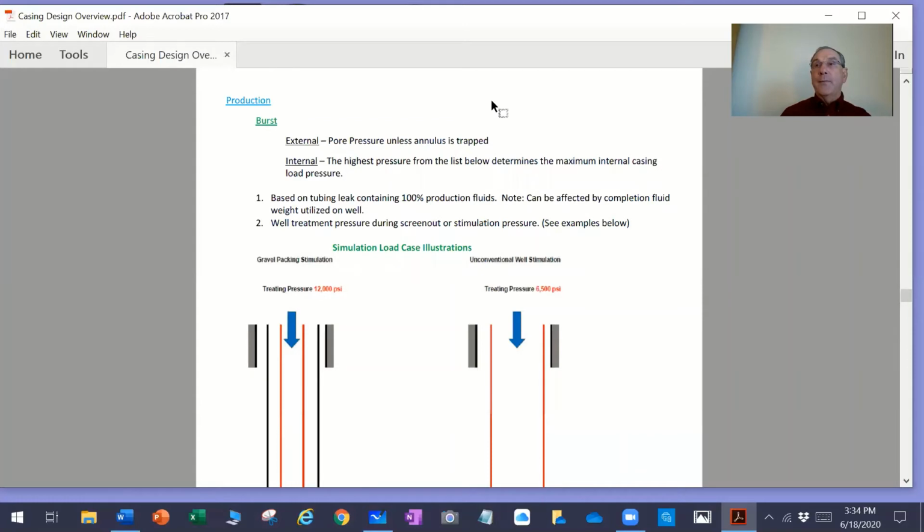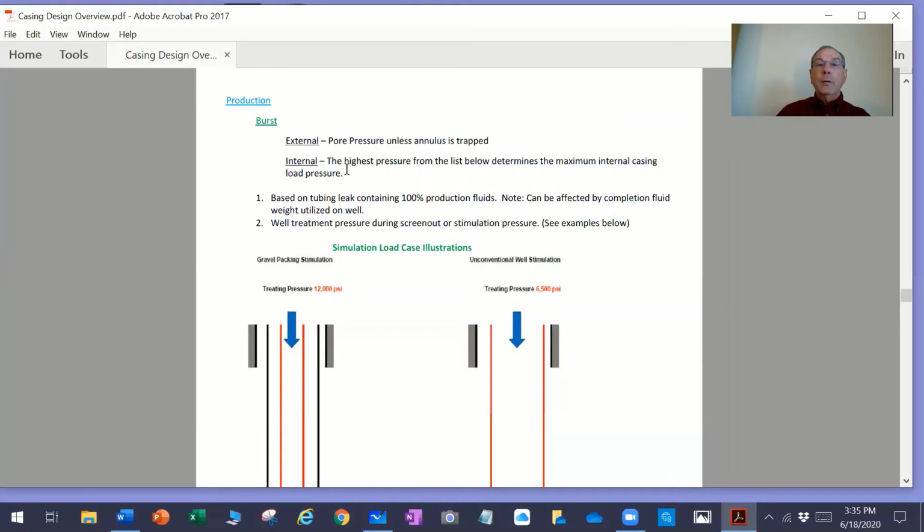So for instance, if you had an intermediate casing string, and then you ran a tieback string of casing from a liner down in the well up to the top, and that was a trapped annulus on the outside of that tieback string, you could use mud weight for that case. That's a great example of where you have a trapped annulus.